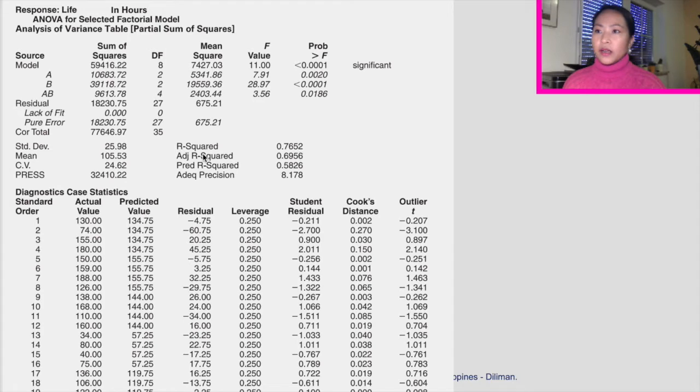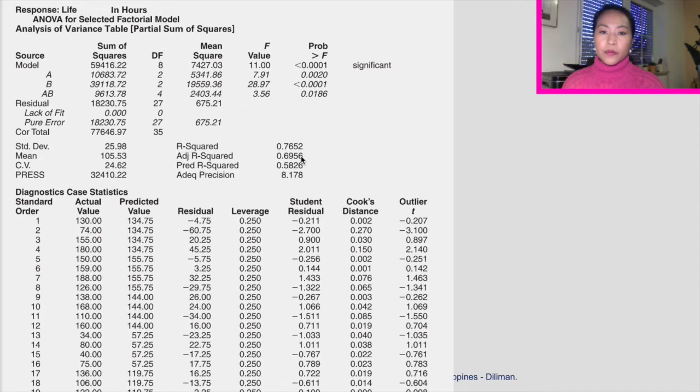The adjusted R squared is adjusted for the number of terms included in the model, because the R squared can be artificially increased by adding more factors in the model, and the adjusted R squared takes this into account.